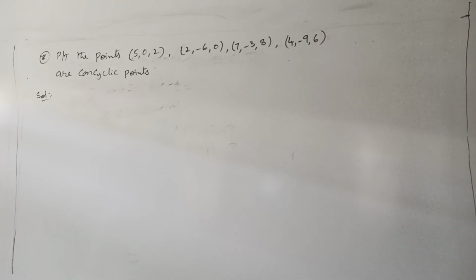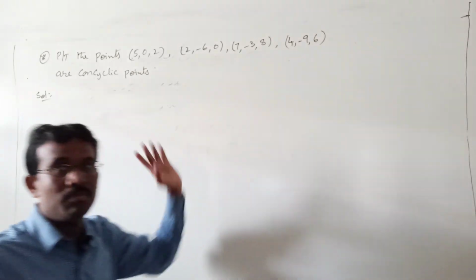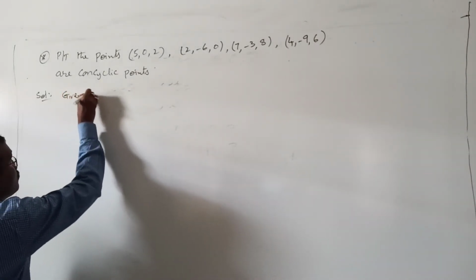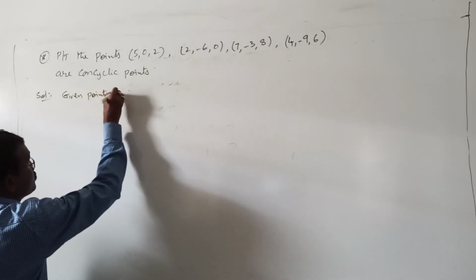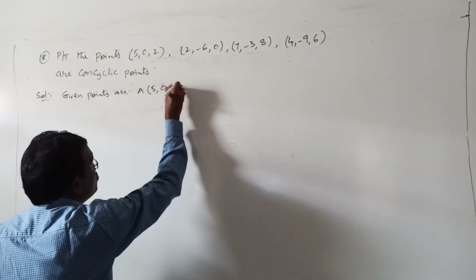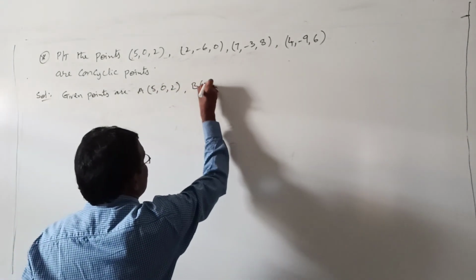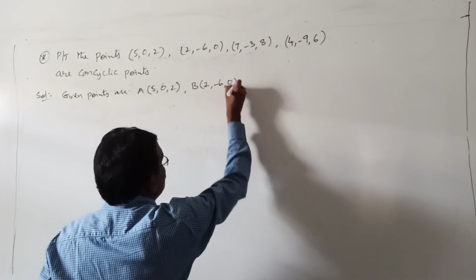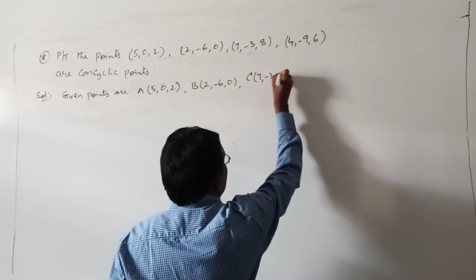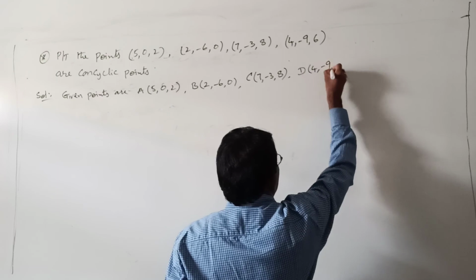Let us take those points as first one A, second one B, C, D. That one I am writing. Given points are A (5, 0, 2), B (2, -6, 0), C (7, -3, 8), and D (4, -9, 6).